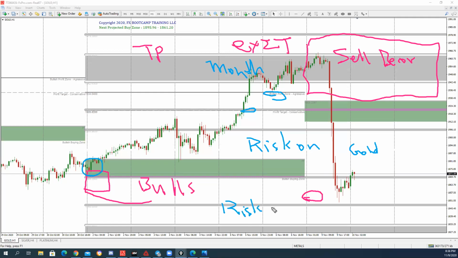Remember, sometimes we have an offset in correlation. Risk off would mean this, risk off. Cash out. So there we have it.